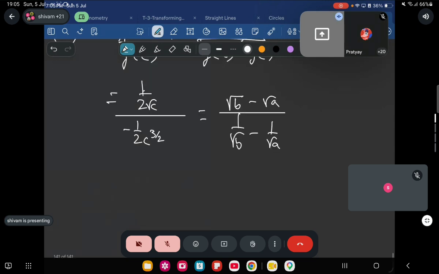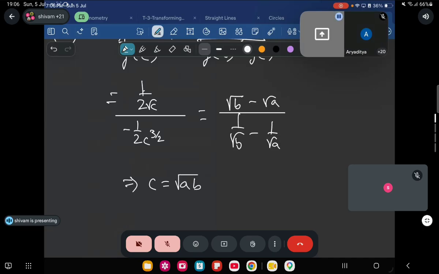Sir, I sent you the answer. Okay, let me see. Yes, your answer is correct. On simplification, you people can simplify, you will get c is equal to square root of ab.